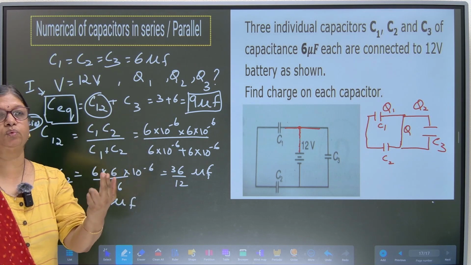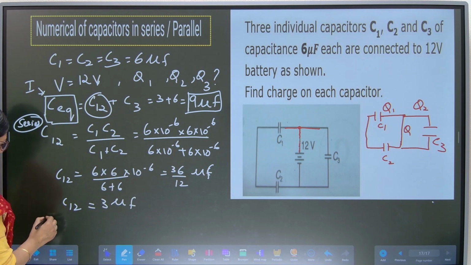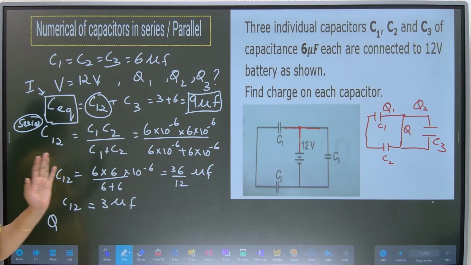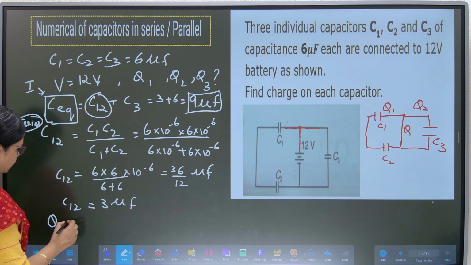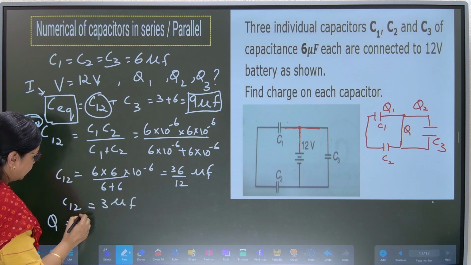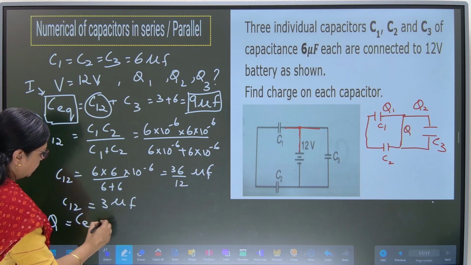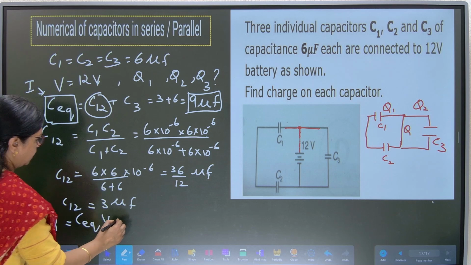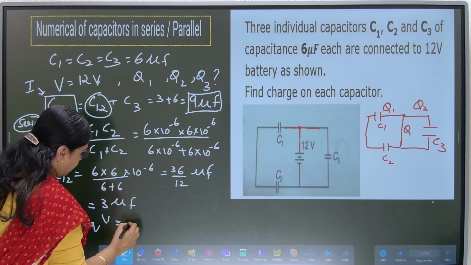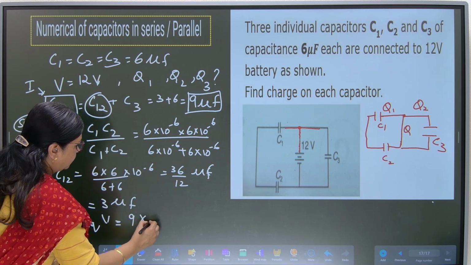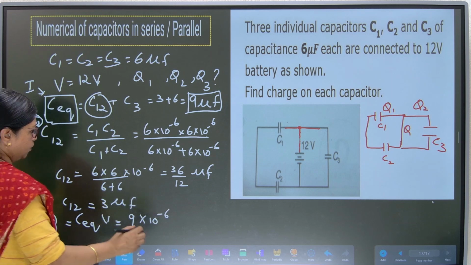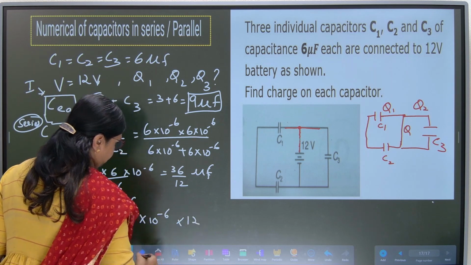Step 2, find out the total charge, the net charge in the circuit. It is equal to C equivalent into V. What is C equivalent we got just now? 9 into 10 raised to minus 6. What is V? We have 12.